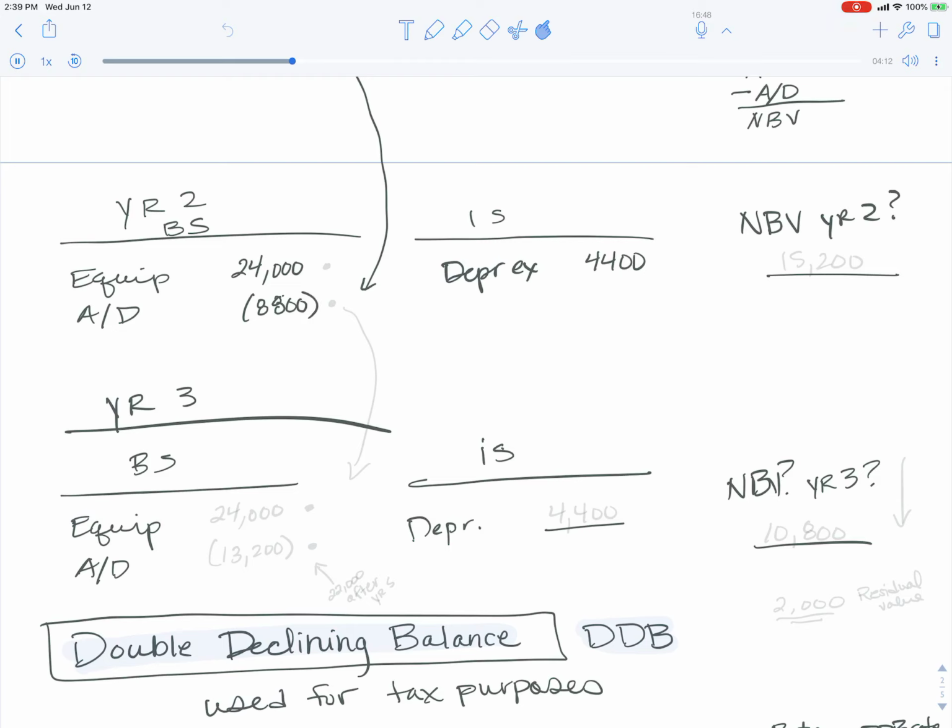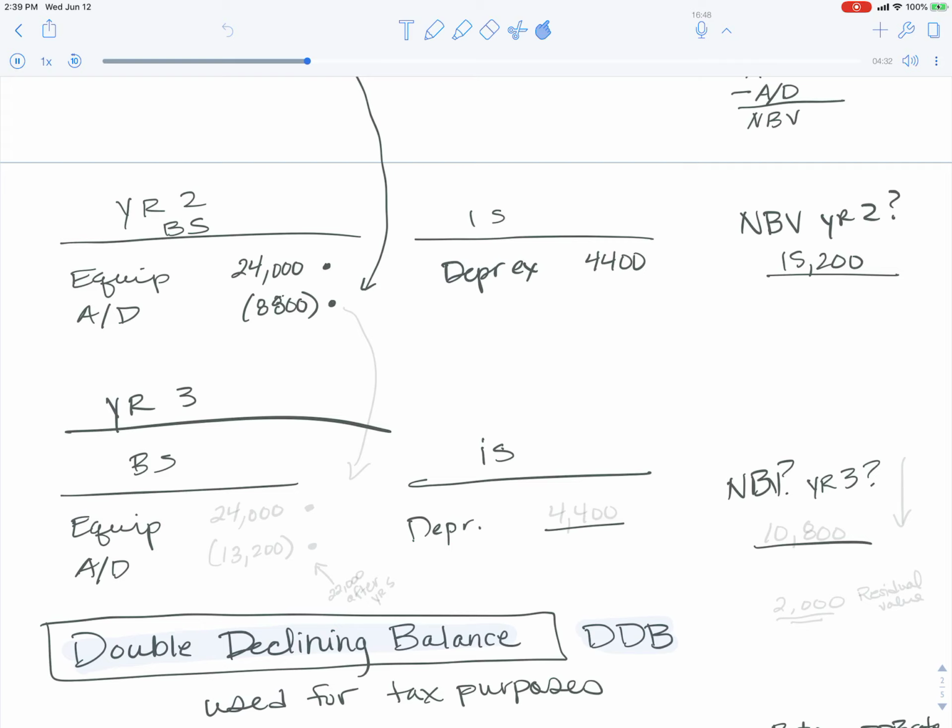So we now have accumulated depreciation of $8,800. So our net book value after year 2 is going to be $15,200, which is the cost of the asset minus accumulated depreciation.